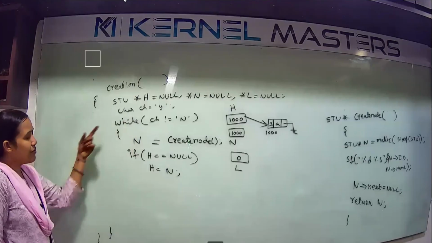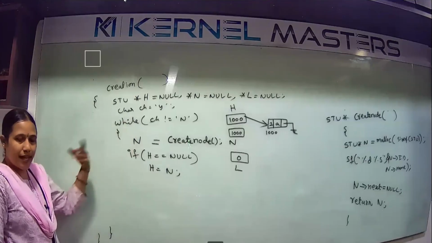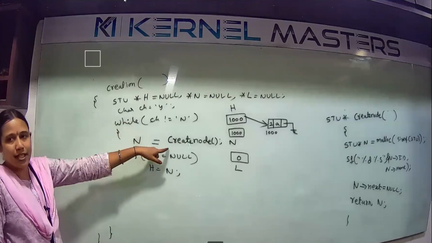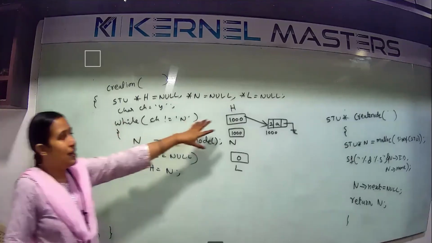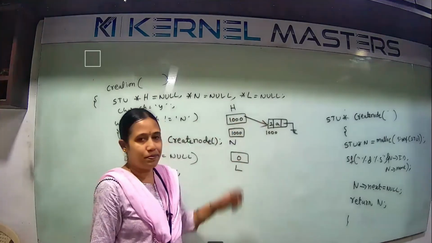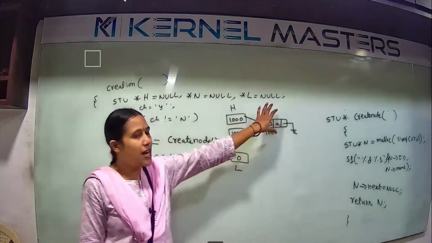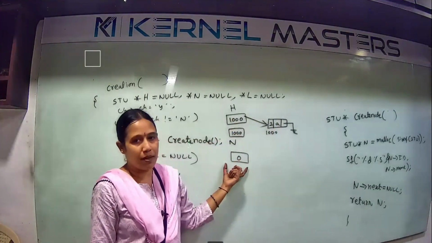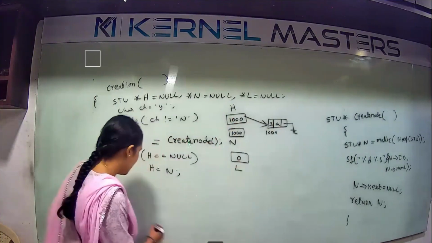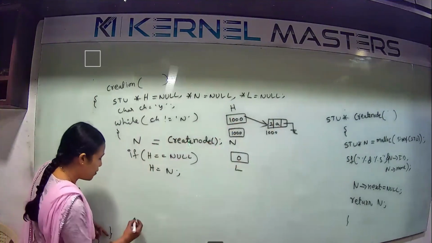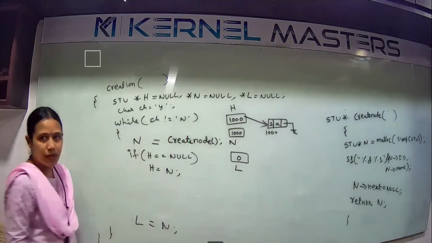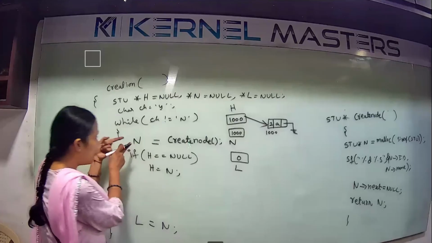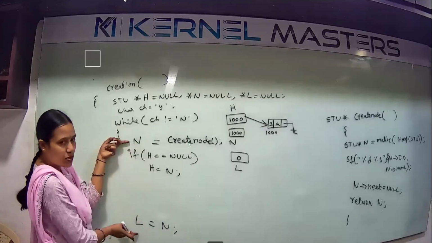Then when you are going for the next iteration, next iteration means what? Next creation, next node when you want to create. Before that you want to remember the last node address in L. Now this is the last node. So this node address you have to keep in L. Right? So before the loop ends, I want to keep n in L. So that whatever is the new node that is created, that is the last node.